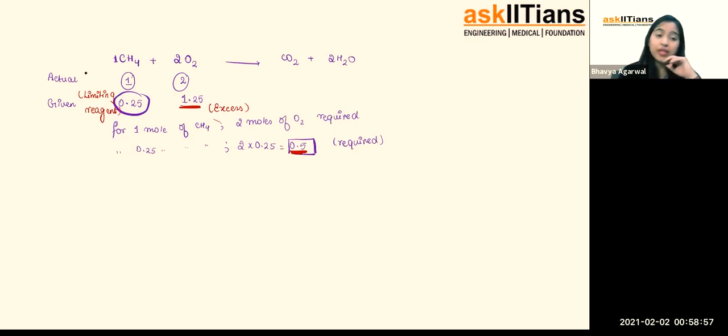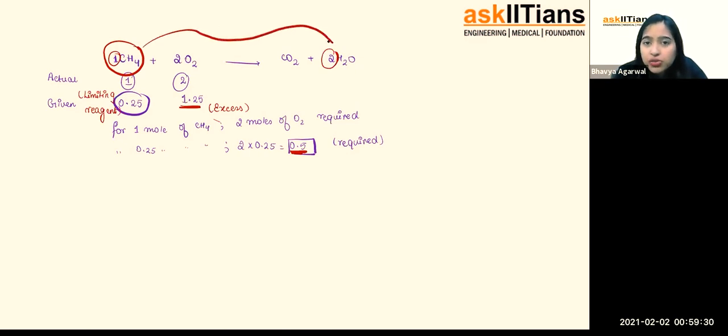Then you have to tell me the amount of the product formed. You know that the limiting reagent is responsible for the product formation. So how is it responsible? As per the equation, for 1 mole of methane, since the stoichiometric coefficient is 1, how much water is produced? 2 moles of water.